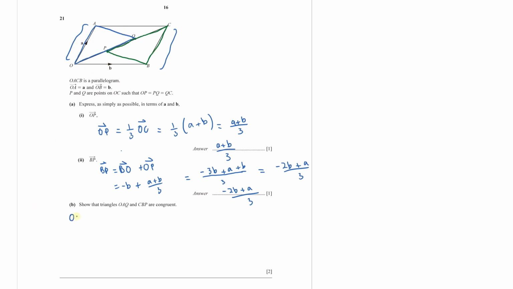So the first would be OA equals to BC in length, because they are opposite sides of a parallelogram. So this length OA and this length BC is equal.